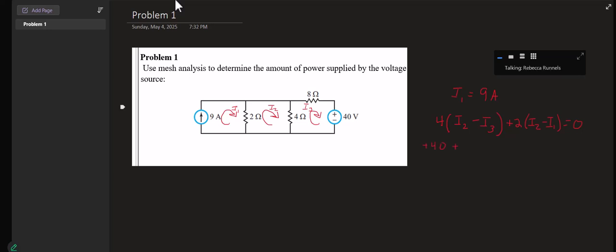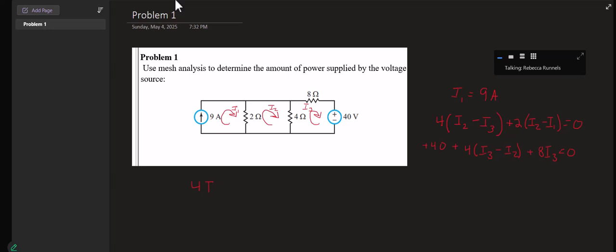And then the next thing I come to is the 4 ohm resistor, so plus 4, and then in the direction I'm traveling, it's I3 minus the current in the other direction, which is I2. And then when I get to the 8 ohm resistor, that just has I3, so plus 8I3 equals 0.